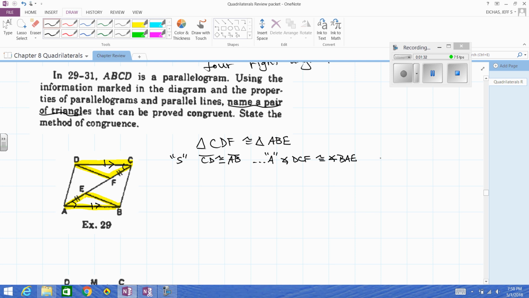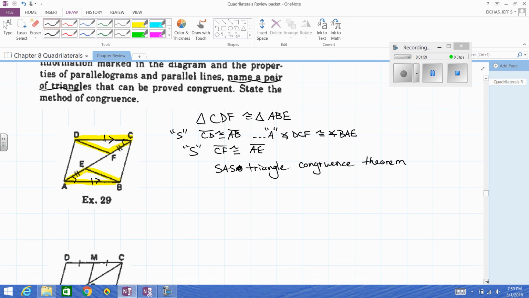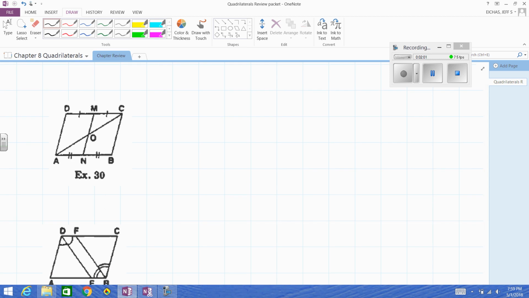And then our pair of sides is already marked. So a pair of sides that are already marked is CF congruent to AE. And that gives us a proof by the side angle side triangle congruence theorem. All right, it's not a full-on proof, so that's more than enough right there.